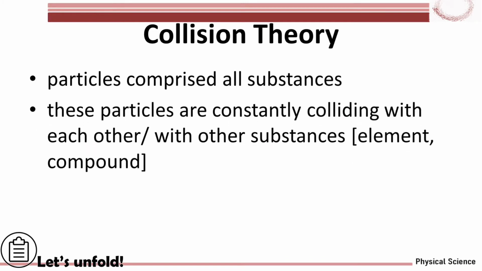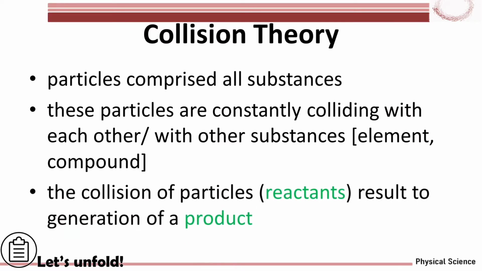Ano pa? These particles are constantly colliding with each other. So, these particles are not stationary, which means they are moving. And when they are moving, they have the tendency to collide or to bump with other substances or particles. So, the collision of particles result to a generation of product.